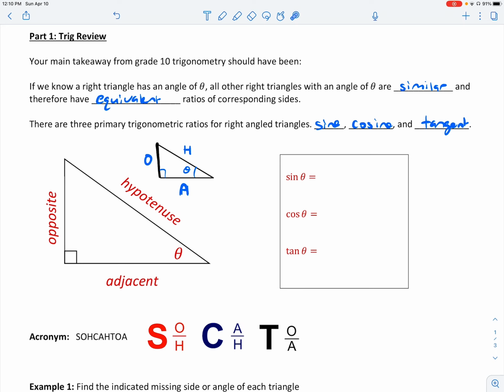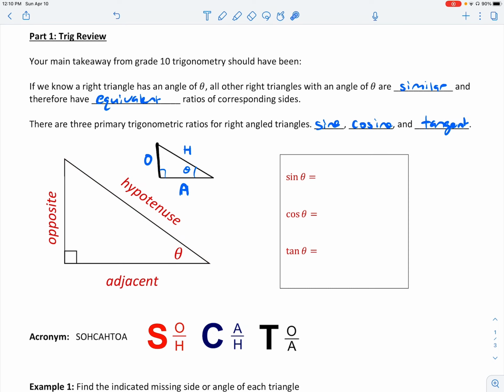When you're given a right angle triangle and you have theta, the side directly across from theta is always opposite. This side that's touching the angle is called adjacent, and this side that's also touching the angle is called hypotenuse. The difference between those two is that the hypotenuse is always the longer side length.